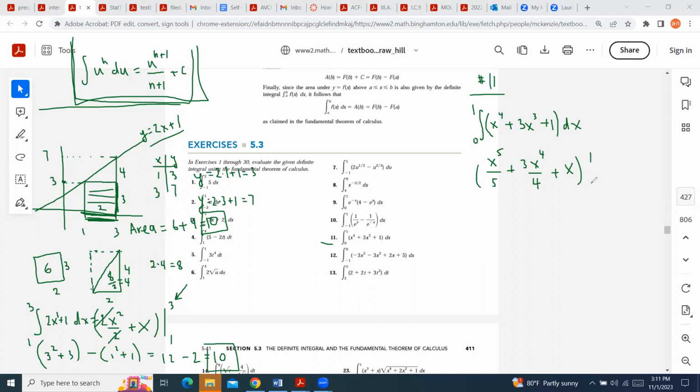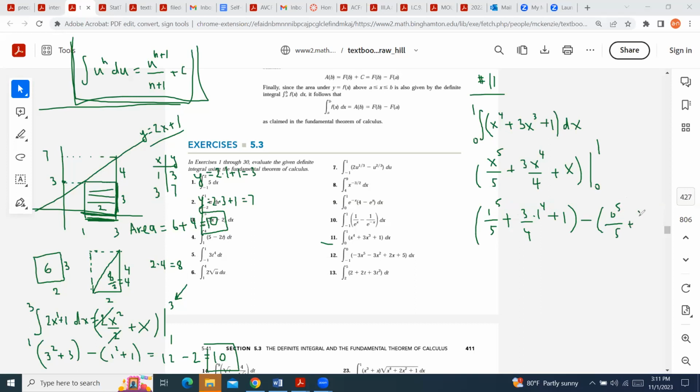And now here comes the new stuff. Those limits. The upper limit is 1, so my first step will be to plug in 1 everywhere. Where I see x, I put 1 in. And then I also want to subtract from it the value at 0 that replaces my variable x.